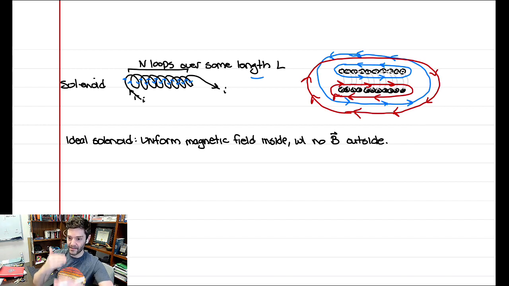Essentially, all of the magnetic fields by symmetry add together to create a uniform magnetic field within the solenoid, but then they all cancel each other out because they're going in opposite directions, the blues and the reds in my diagram, on the outside.